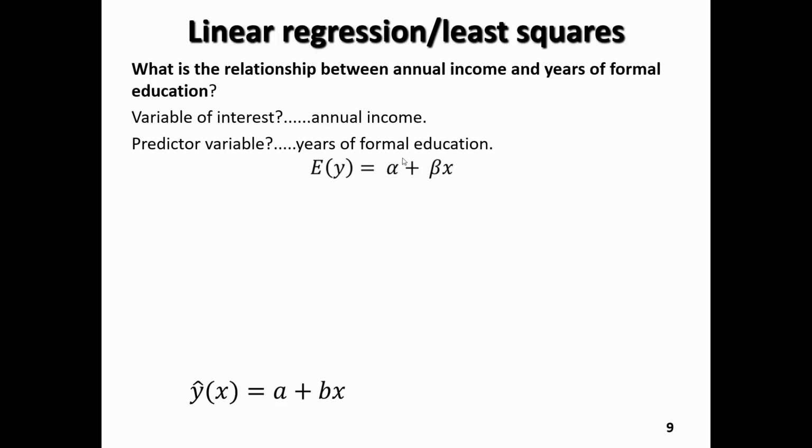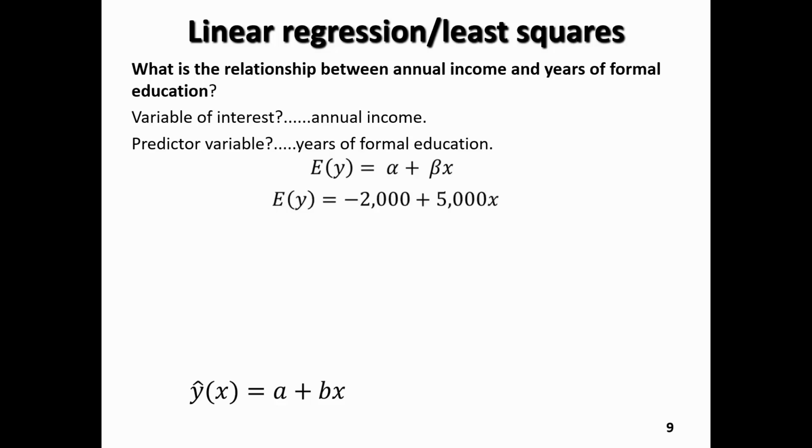And because we're using Greek letters here, Greek letter alpha, Greek letter beta, these are once again the parameters in this model as it relates to a population. And these describe two inherent properties of that relationship and are fixed values.